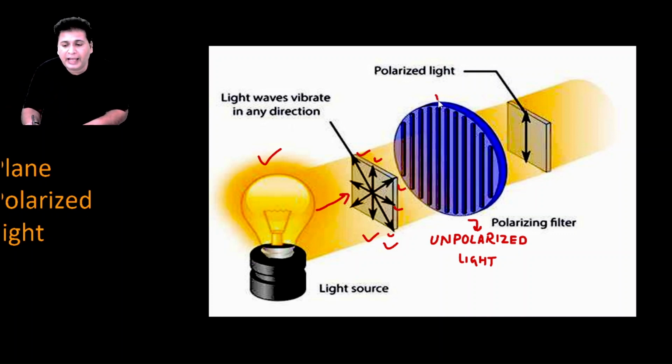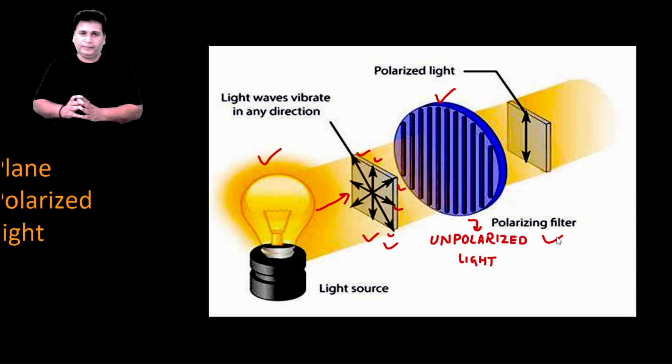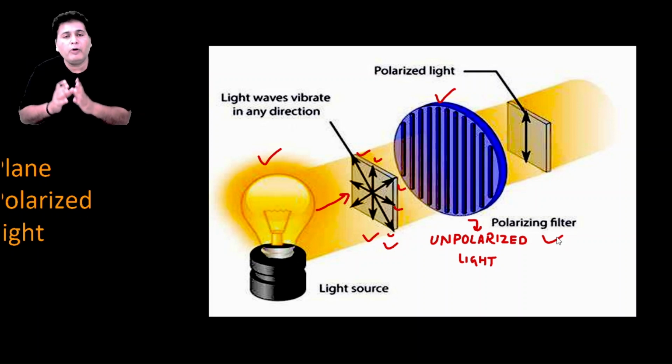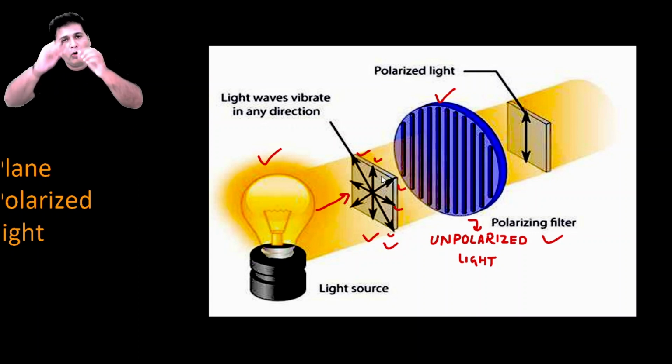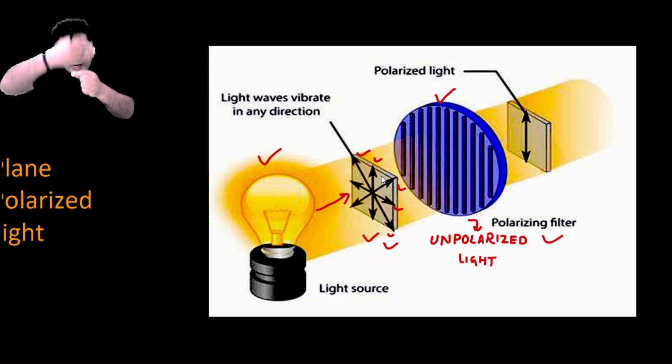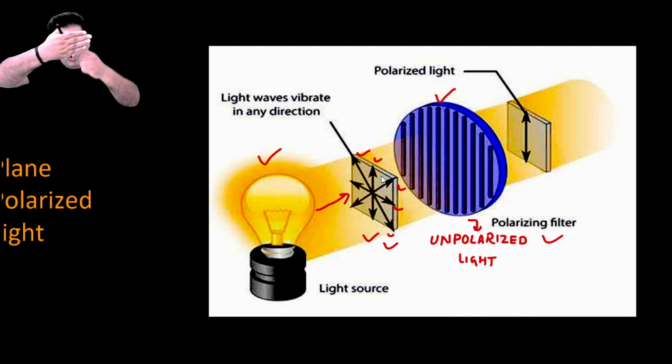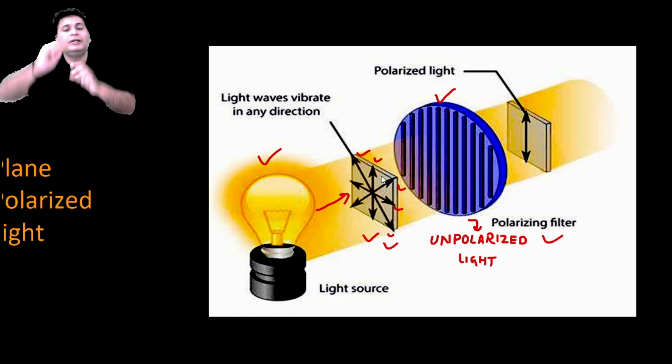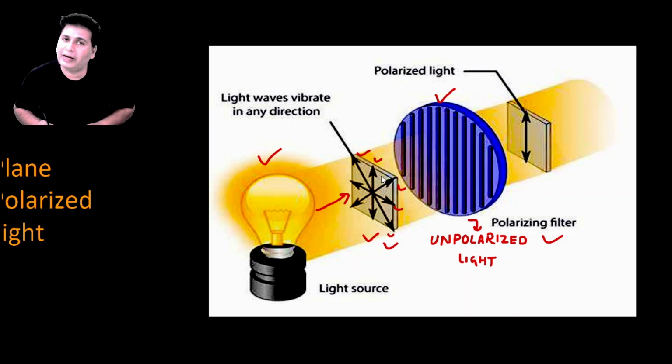Now if the same unpolarized light is passed through a polarizer or a polarizing filter, which is a device, the job of this device is that it will absorb all the electric fields except along one plane. Except along one plane, it will absorb all the electric fields from this unpolarized light.